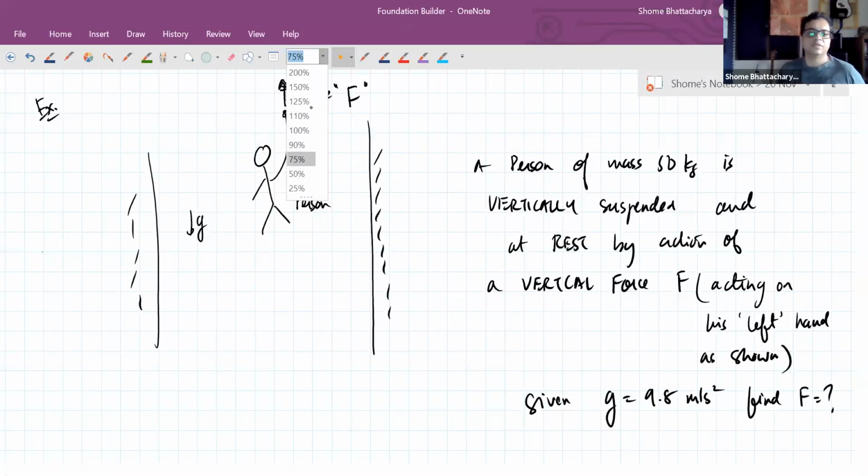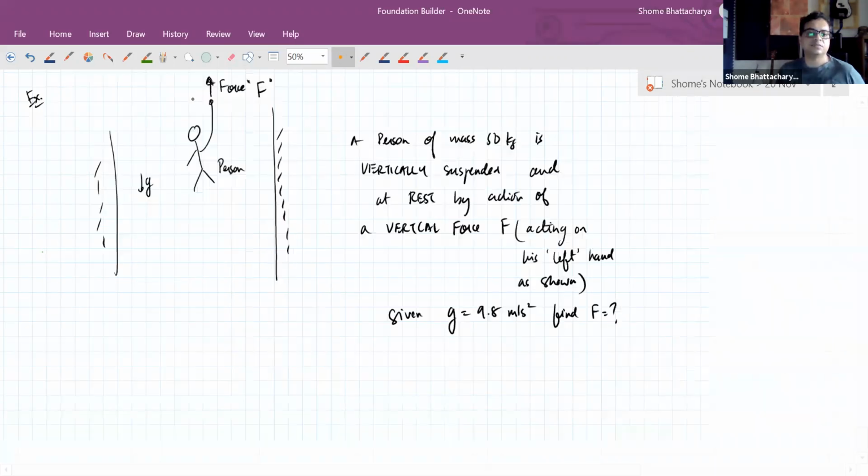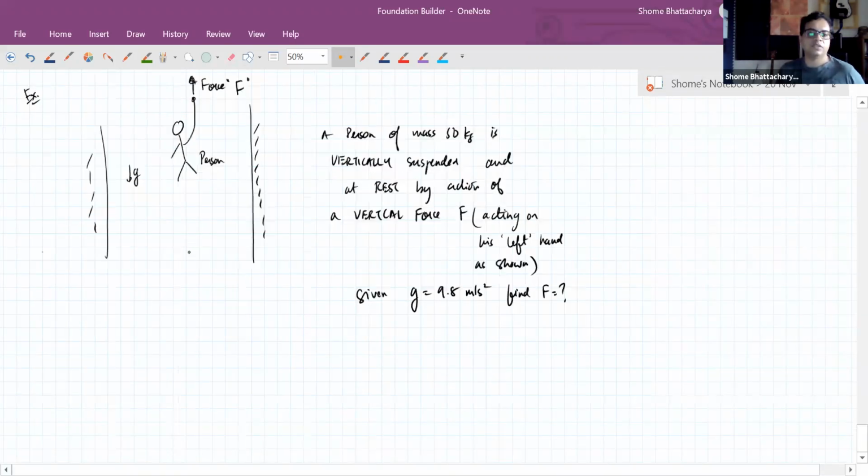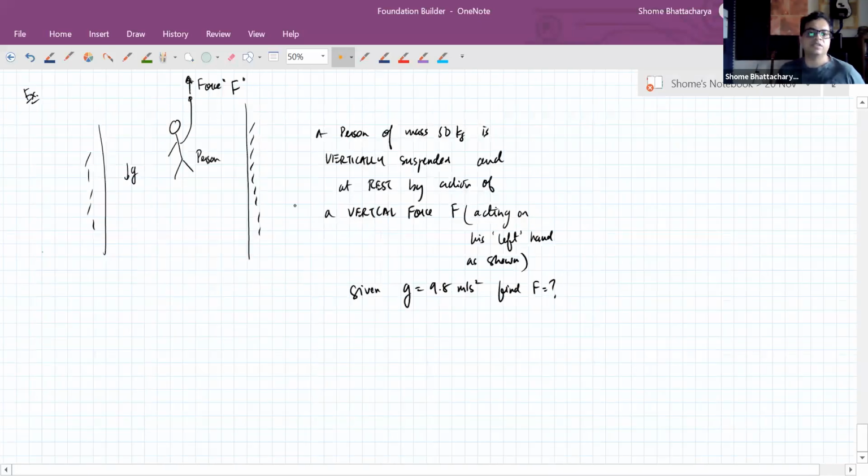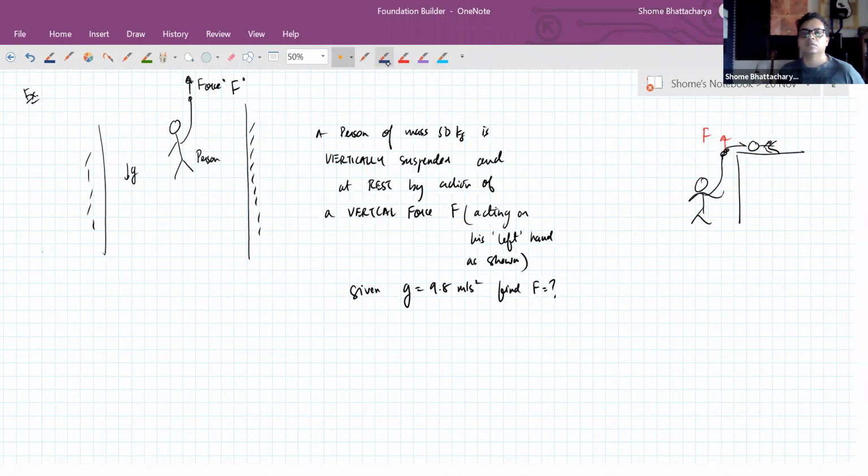Okay. So this is the most basic example of something. Imagine a person is hanging like this, but he is kept from vertical free fall by some kind of force which is acting upwards on him. Maybe his hand is being held by another person who's over here. So this person is holding him like this, applying some kind of vertical force on this person.